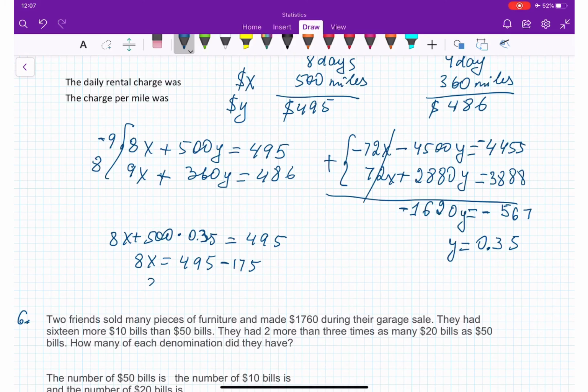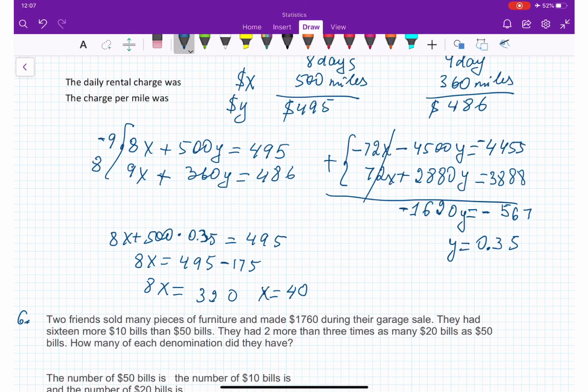So 8x is equal to, let me see, 0, 9 minus 7 is 2, 8 minus 1 is 3, so 320. And x is equal to 40. Okay. $40, I'm sorry.